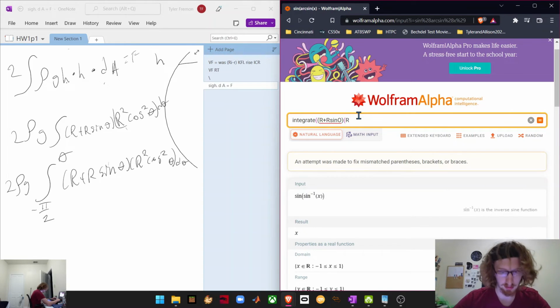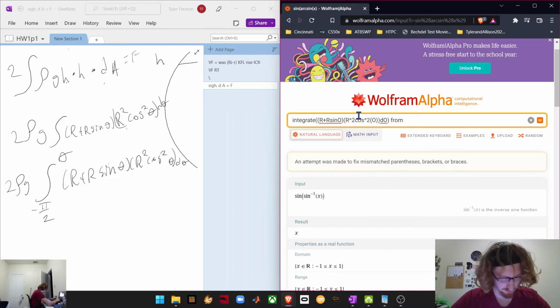And then r squared cosine squared theta. Let me make sure that's in parentheses, and then we need a matching parenthesis. And then we're integrating with respect to theta.